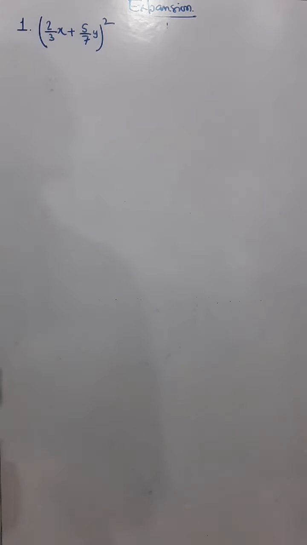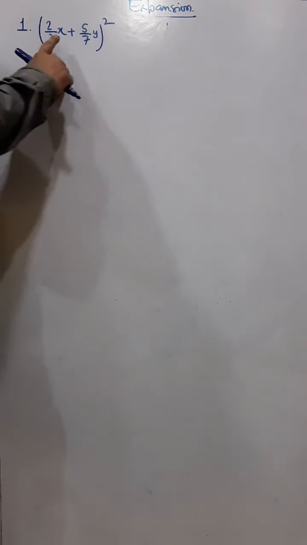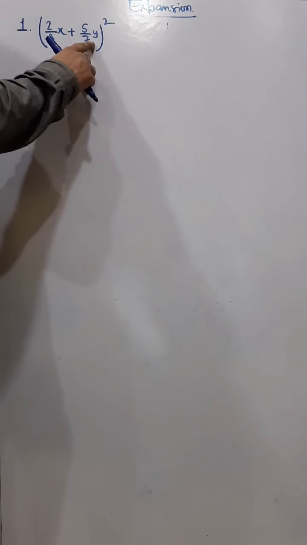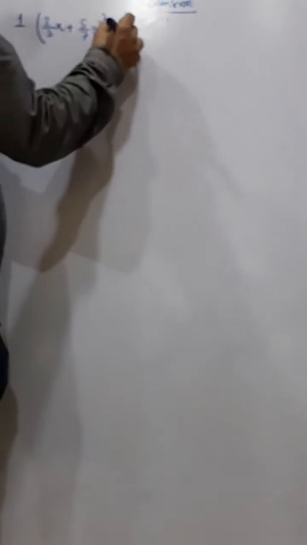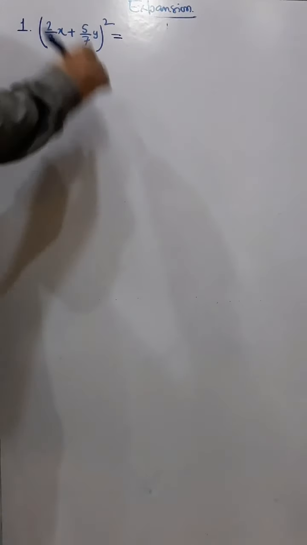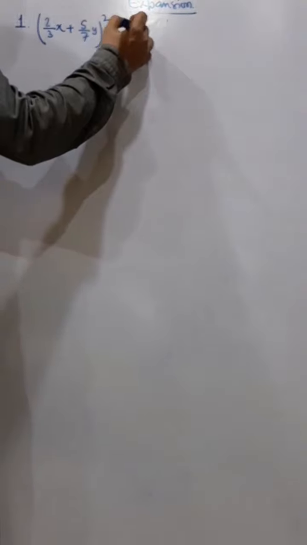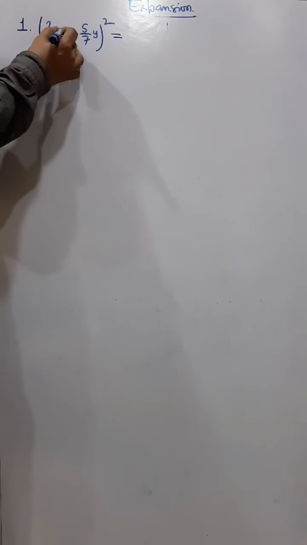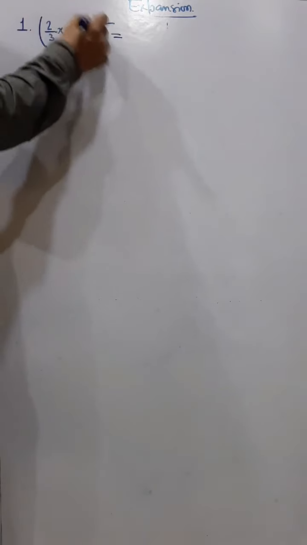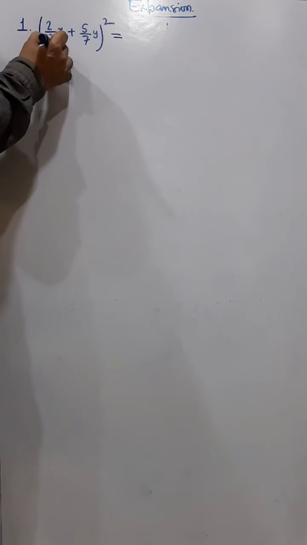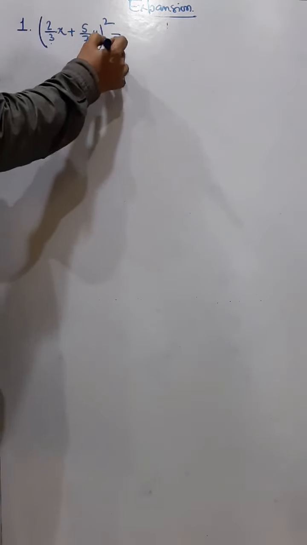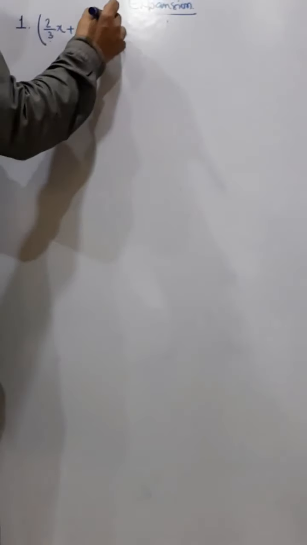Now we will do some sums related to all those formulas that we have seen. As I have told you, the first term is known as a and the second term is b. We will always pronounce it like this: in your mind, you just think this is a and this is b. So 2x by 3 means a and 5y by 7 means b, and this is (a plus b) whole square.